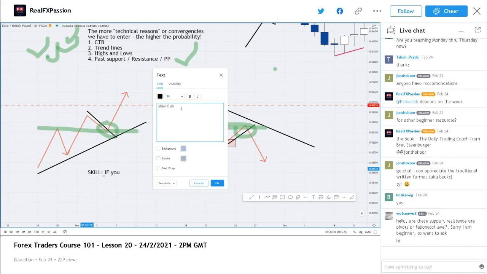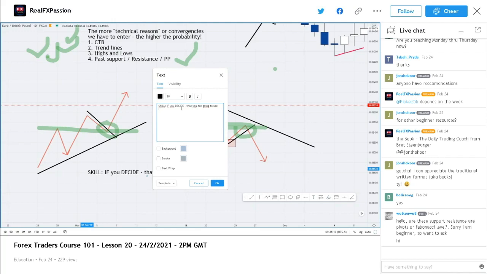If you decide, it's a decision, that you are going to use whatever, it could be the counter trendline break, but we are at the lessons, we're talking about support, resistance, and pivot points.